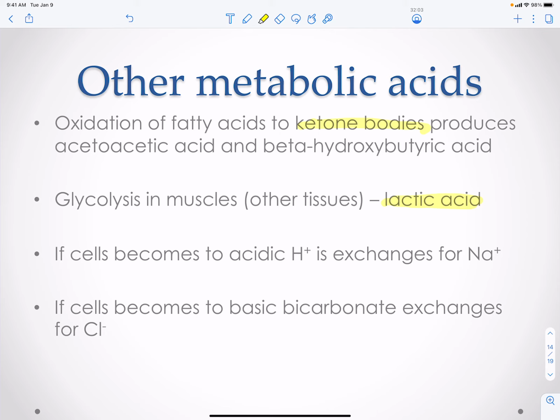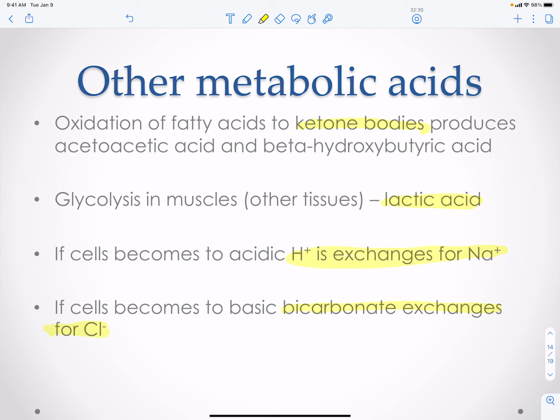Some things to note: if cells become too acidic, hydrogen will exchange for sodium. And remember, hydrogen can be brought to the kidneys and it can be excreted. And so that's a way to get rid of excess hydrogen. If cells become too basic, your bicarb will exchange for chloride. So remember, sodium chloride is very important, extracellular.